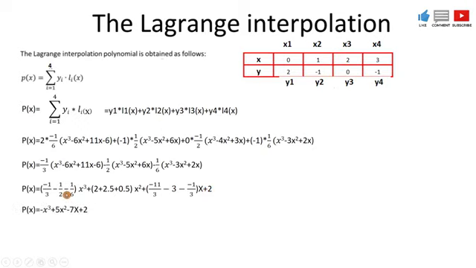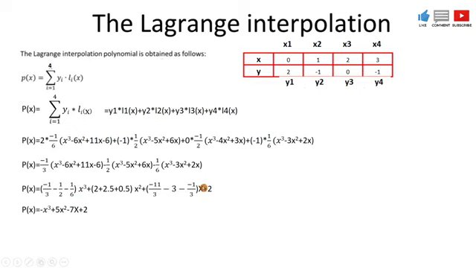The result of the summation for the coefficient of x cubed is minus 1, the sum of the coefficients of x squared is equal to 5, and the sum of the coefficients of x is equal to minus 7, and write the 2 as a constant. That is the final polynomial function for these points.